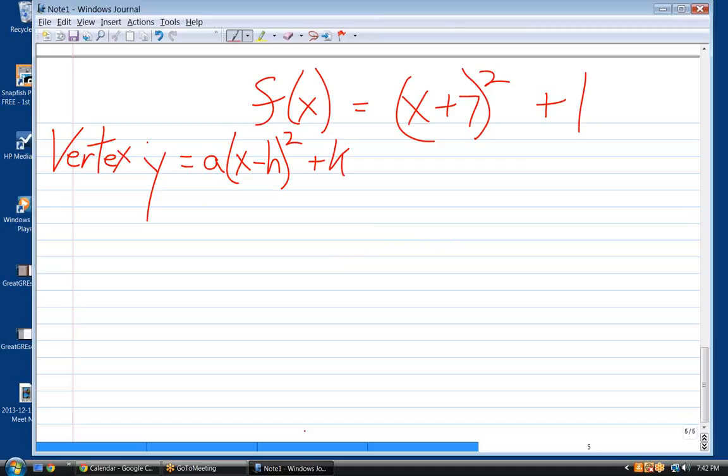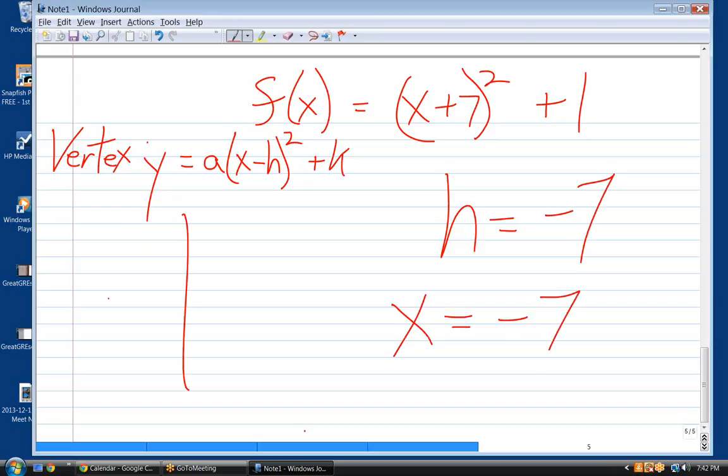Minus 7. Yes. h equals minus 7, so the axis of symmetry is a vertical line at minus 7. Okay, that's pretty simple. The y-coordinate is plus 1, so it actually looks like that.